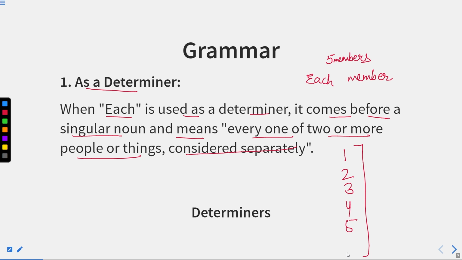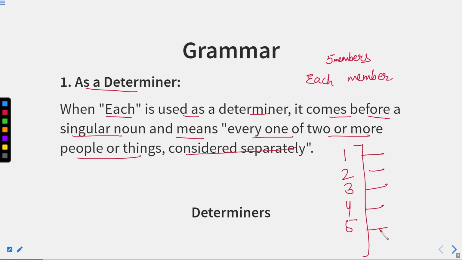Suppose I say each member has its own flat. It means 1 has a flat, 2 has a flat, 3 has a flat, the 4th member has a flat, and the 5th member has a flat as well. So, if I say all these members have flats, it means they must be having their flats.